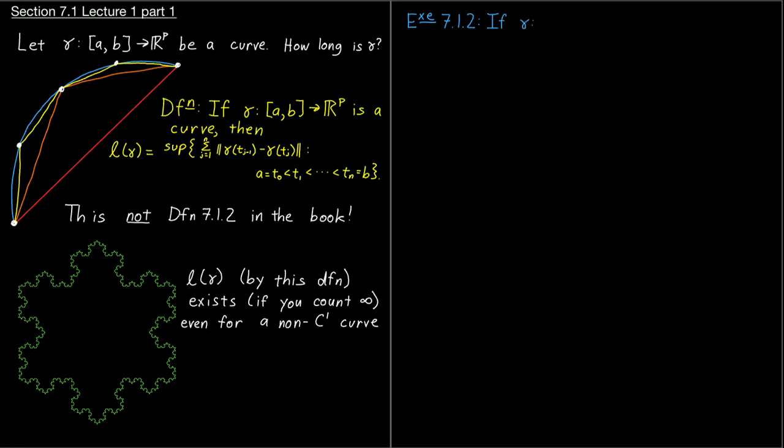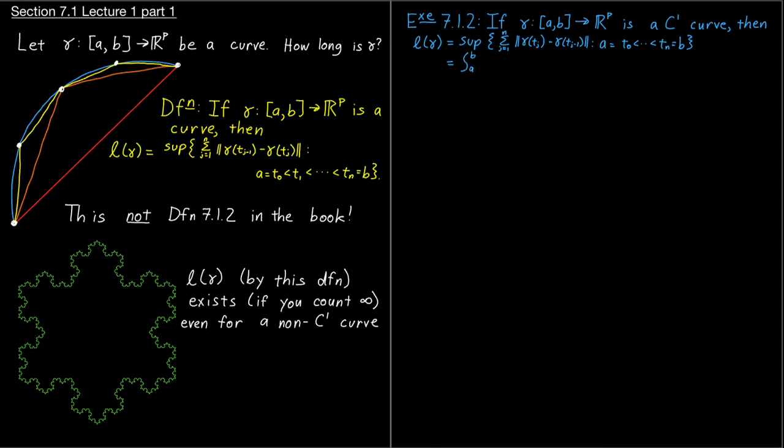And that says that if gamma is a C1 curve, then the length of gamma, according to the definition I've written above, that's the supremum of these sums, is also equal to the following integral.